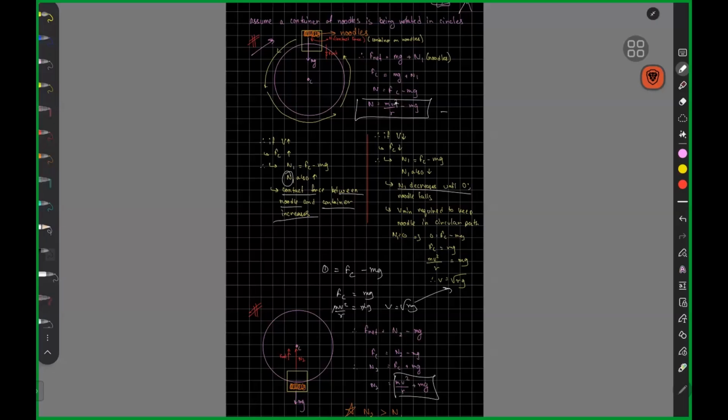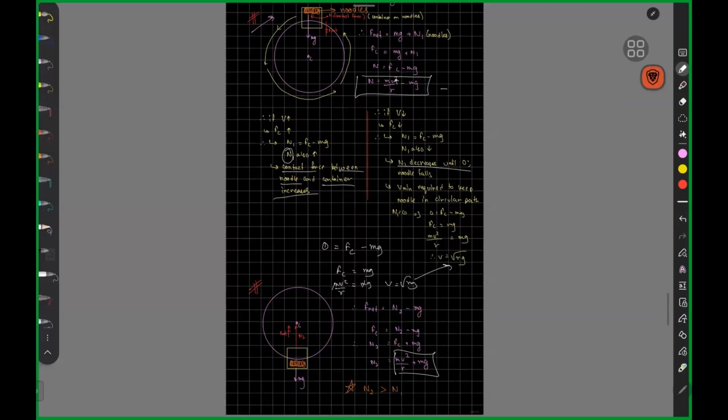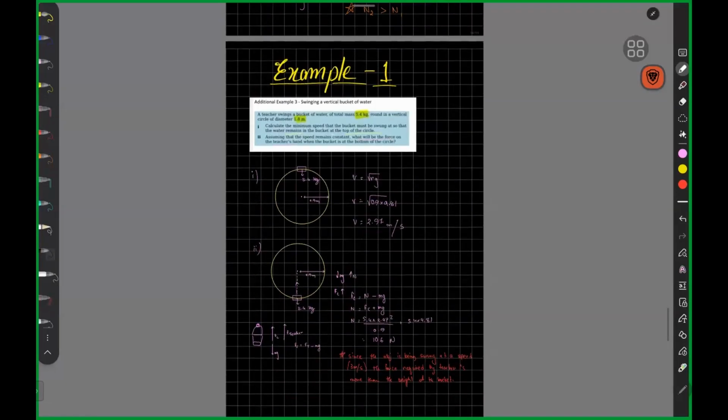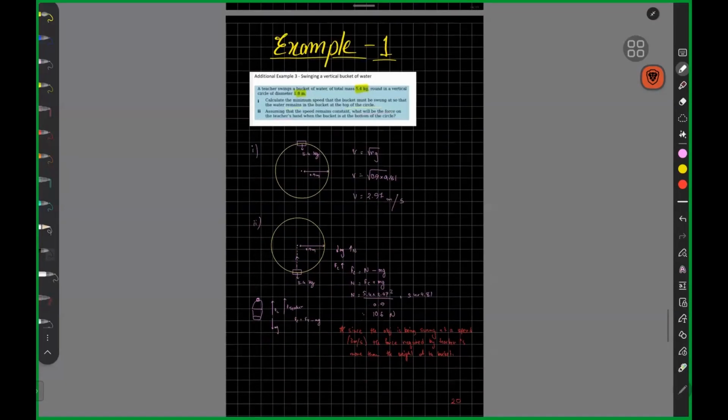But whatever works for you, I've laid both the examples out for you, and I've explained to an extent how the forces change, how the velocities can be determined, what the minimum velocity is, and how the normal reaction force or the tension varies through the journey. So you can take screenshots, and there are problems as well regarding this, problems as in questions that you can solve.